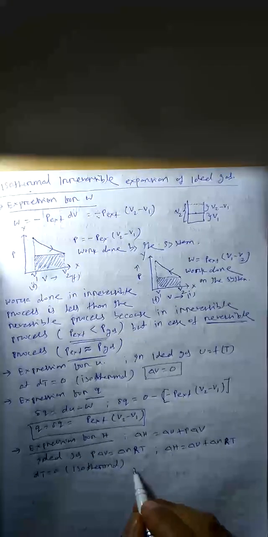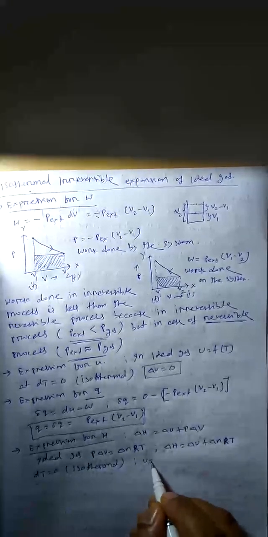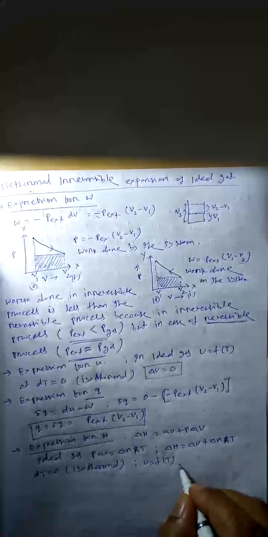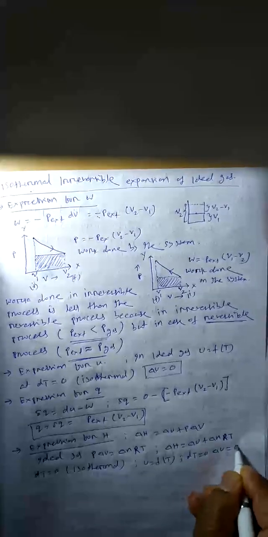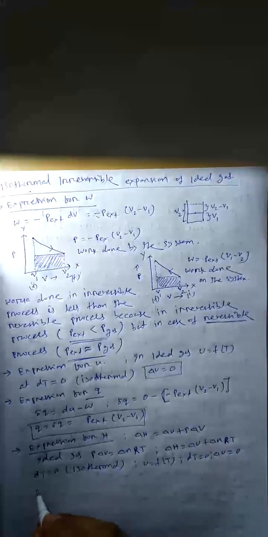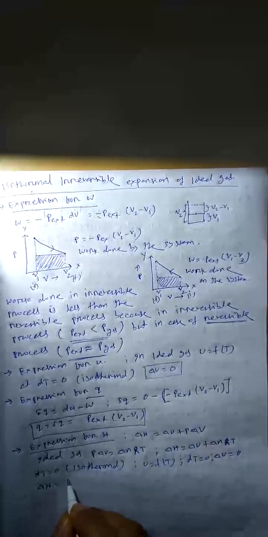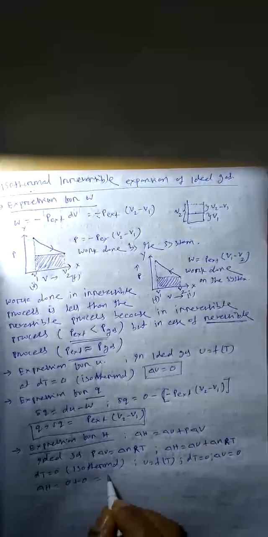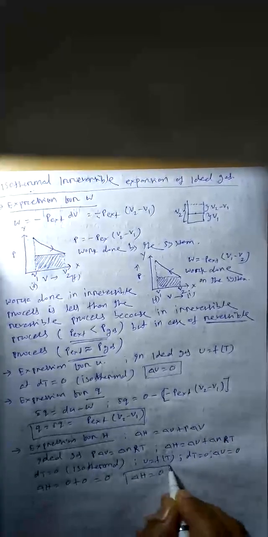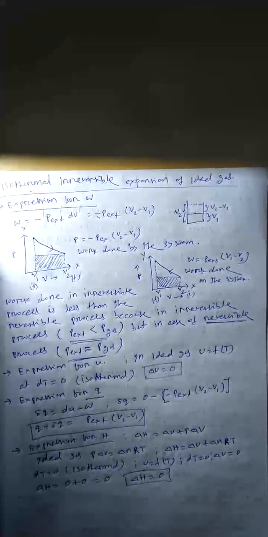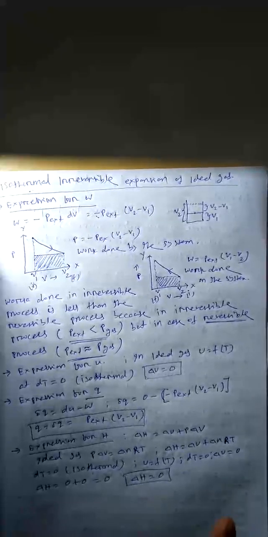Then del U, we also know that U is a function of temperature. At dT equal to 0, del U also is equal to 0. Substitute this value: delta H is equal to 0 plus 0, which is equal to 0. That means there is no enthalpy change, same as in the case of the reversible process.